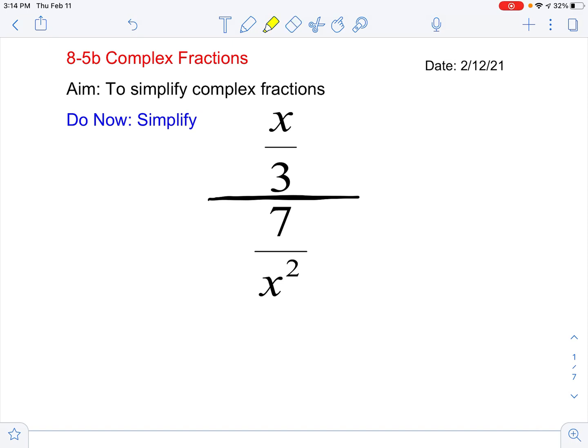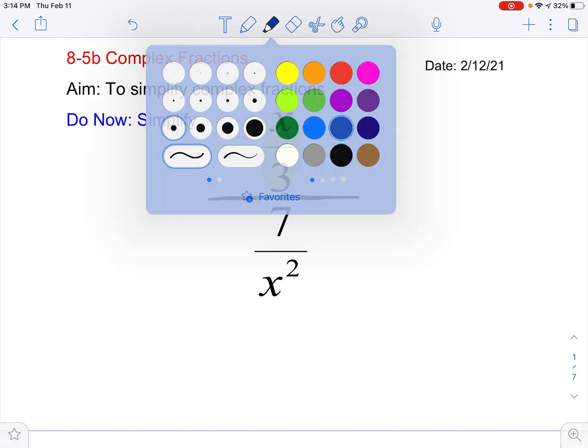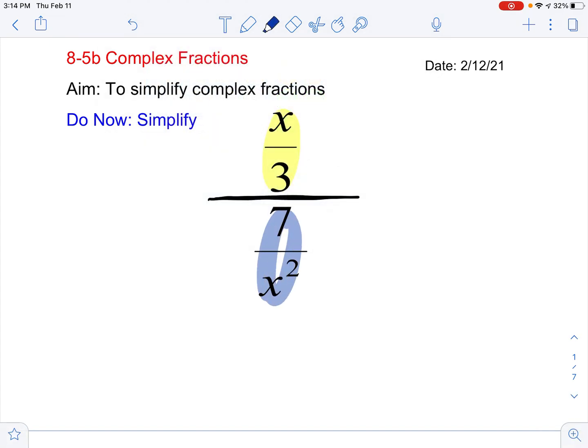We see in our numerator, we have x over 3. We see in our denominator, we have 7 over x squared, right? And we have the fraction bar in between. Hopefully we remember that a fraction bar is another way to show division.